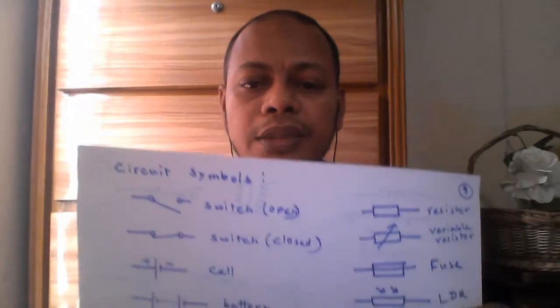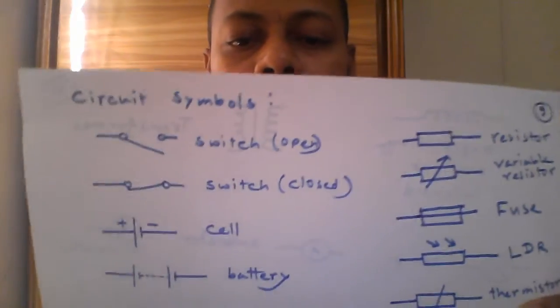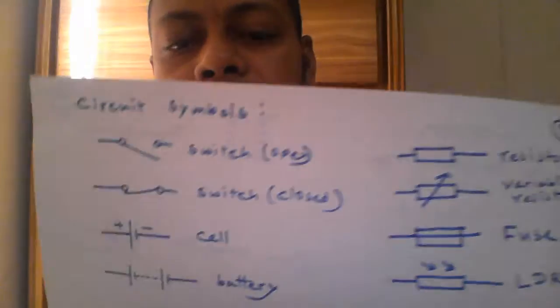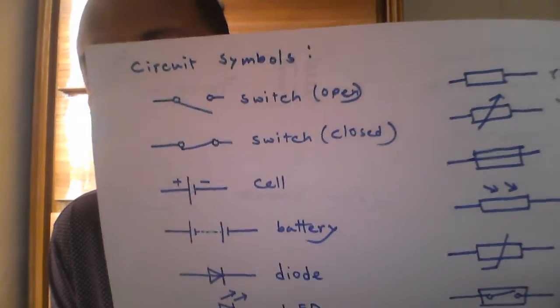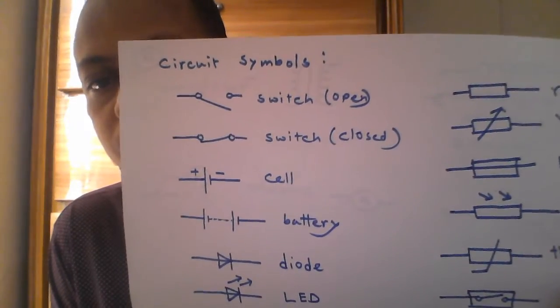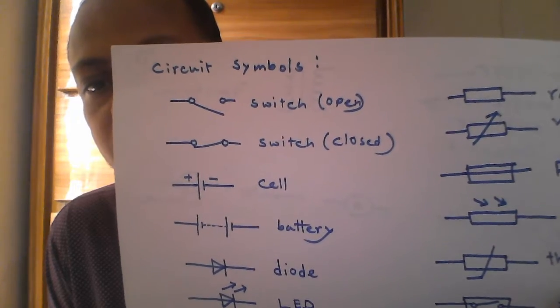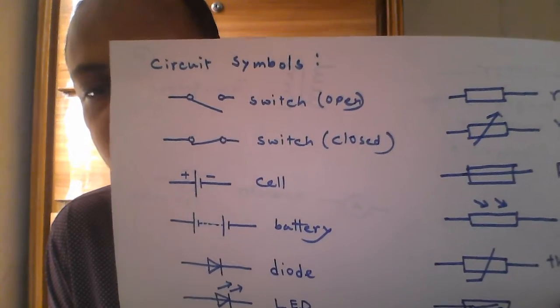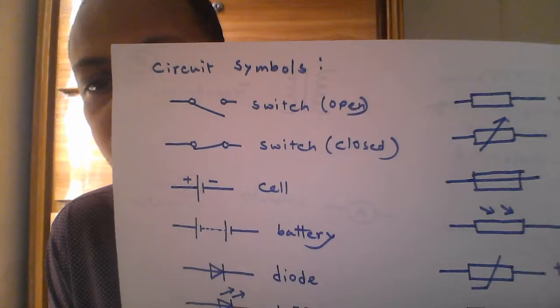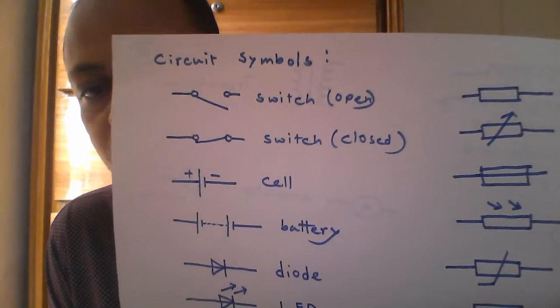Look, here in the diagram I gave, at the beginning switch is open, then switch is closed. When the switch is open, the circuit is off, and when the switch is closed, the circuit is on.